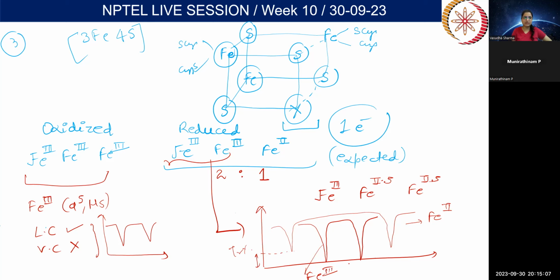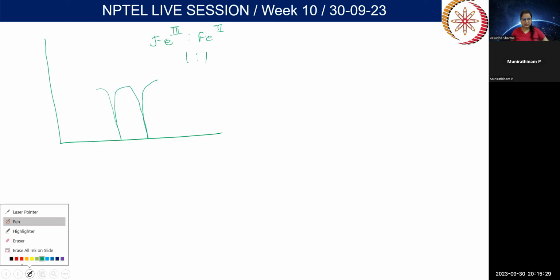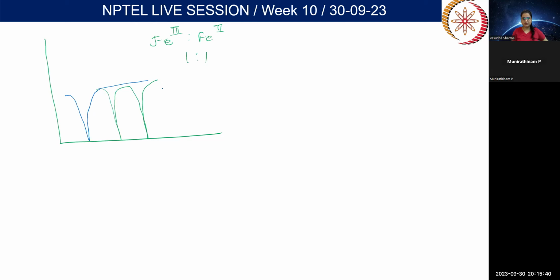Why are they not looking this way? When I'm saying, one case is if Fe3 is to Fe2 is 1:1. If Fe3 is there, we know that it would have less splitting and Fe2 would be the outer one.